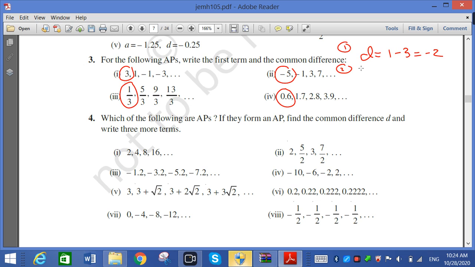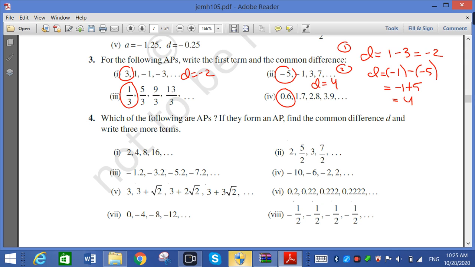In second, d is equal to minus 1 minus minus 5. So minus 1 plus 5, that is plus 4. So in the first, difference d is equal to minus 2. Here d is equal to 4.